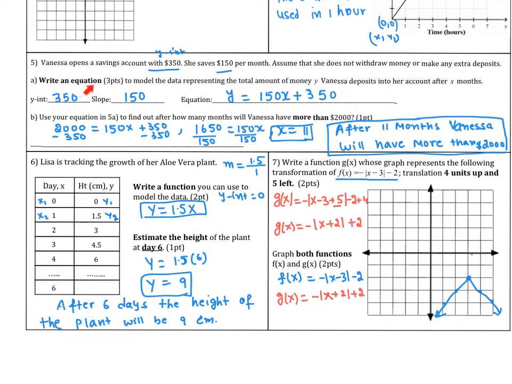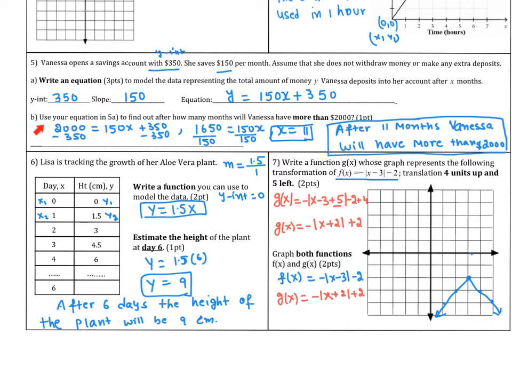Write an equation to model the data representing the total amount of money, y, Vanessa deposits into her account after x months. So as I said, the y-intercept is 350, the slope is 150, and y is the total amount of money. And then the equation is going to be y = 150x + 350.